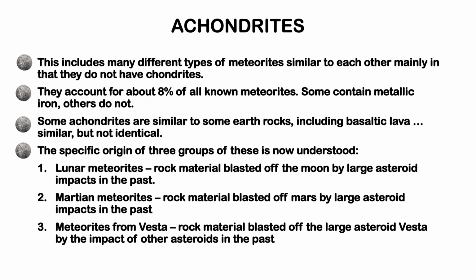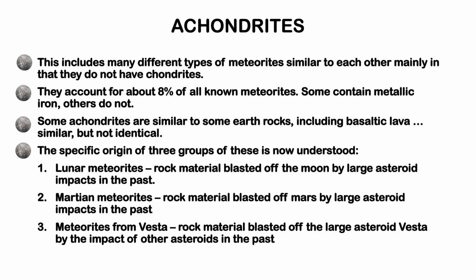Now, the three groups of achondrites that I said were classified partly on where they come from. Indeed, some meteorites on Earth have come from the moon. They've been blasted off the moon at some unknown time in the past, perhaps stayed in orbit around the sun for a long period of time, but eventually spiraled in and hit Earth on the way.